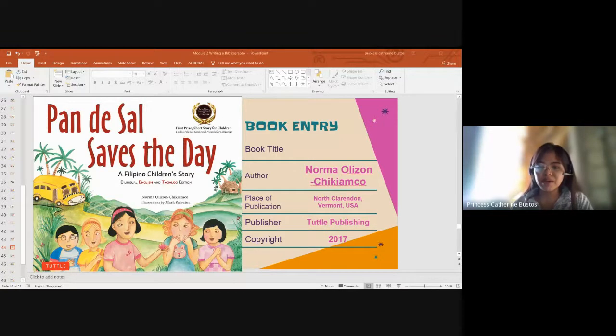Can you open your camera so that I can see if you are working on it? Open your camera, please. Okay. Just unmute yourselves. May I see your paper and your pen? Okay, go. I want you to work on this book entry. Make a bibliography for this book entry. You just keep your camera on. I want to see you working on the activity. Since you don't need to answer your module anymore, these are the only things that you need to answer today.